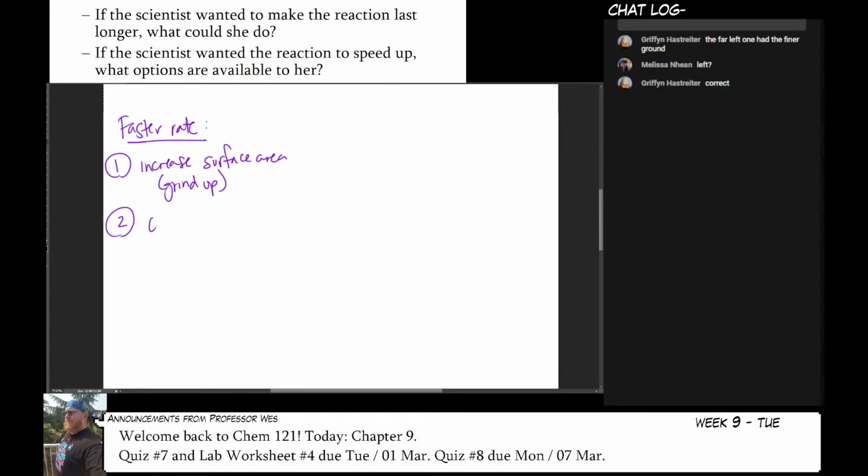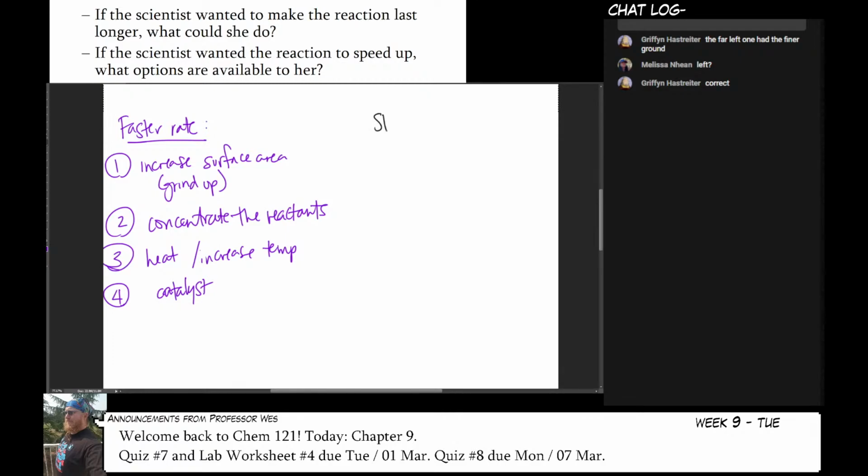Step 2 would be to concentrate it. So concentrate the reactants. Step 3 would be heat, or increase the temperature, and then step 4 would be to use a catalyst.